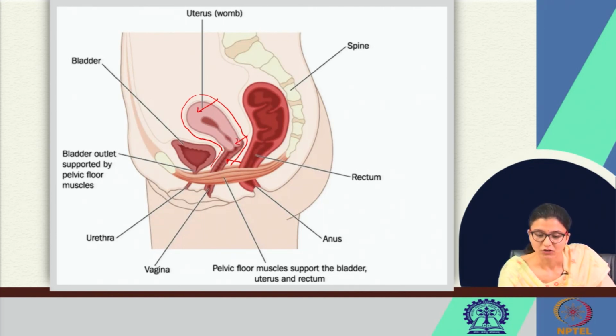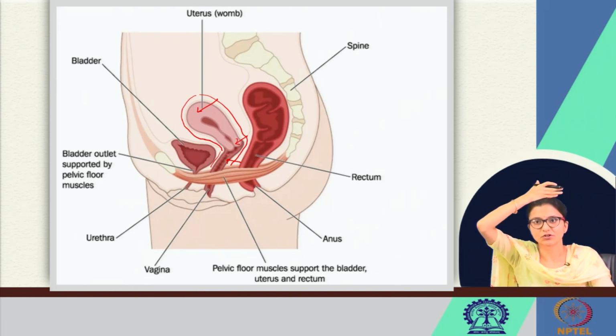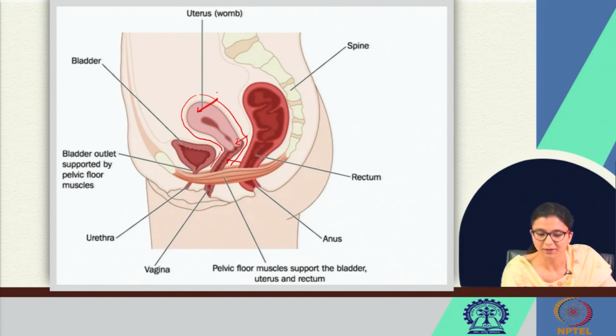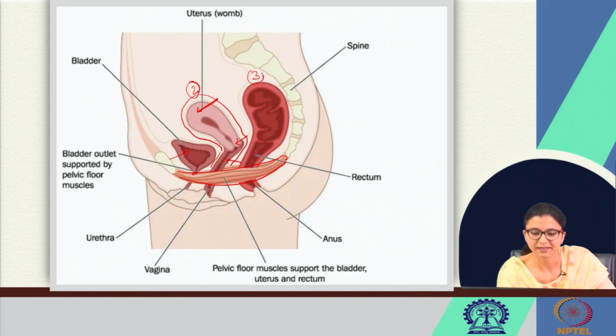This is a transverse cross section of a female, and in this cross sectional study we are seeing the internal parts. This is the pelvic floor or the pelvic diaphragm, the muscles which support the internal pelvic organs, bladder and urethra, the uterus and the vagina, this one, and behind is the rectum and the anal canal.